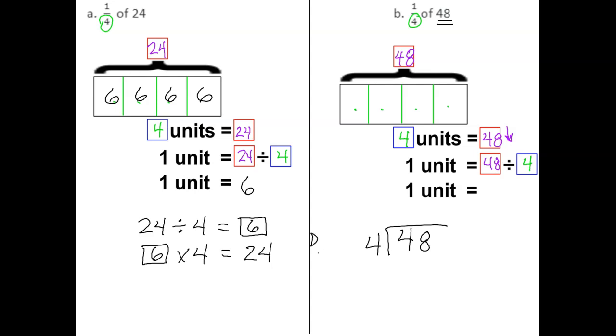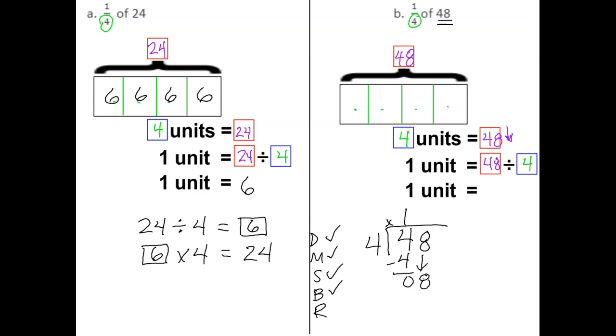Remember the steps: division, multiplication, subtraction, bring down, repeat. 4 10s divided by 4 people. If we had 4 $10 bills and 4 people, each person would get 1 10. That's my division. Next, 1 10 times 4 is 4 10s. Subtraction. 4 10s minus 4 10s is 0 10s. Bring down my 8 1s.